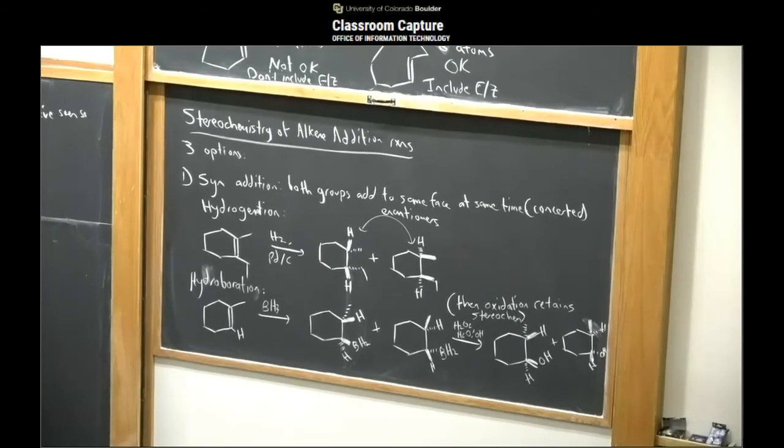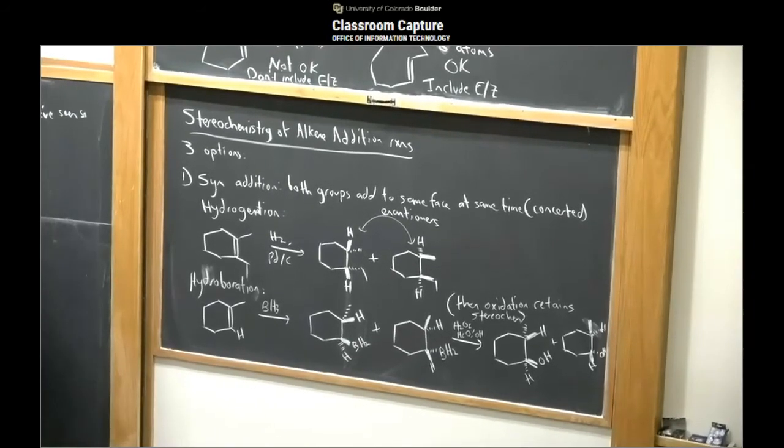Before we just showed connectivity, but we could just as easily show those bonds becoming bold, and we could say plus the enantiomer of this where everything is flipped.